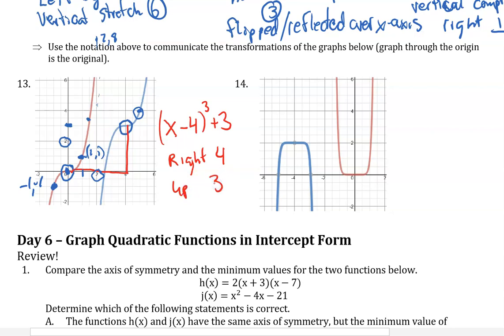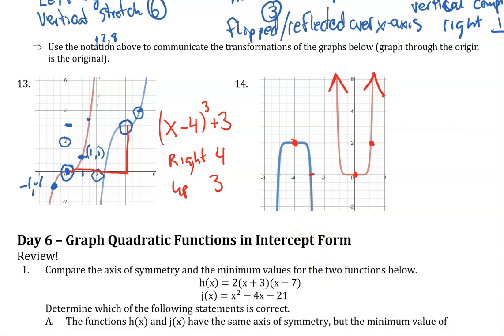Number 14, again, we're going from the red graph to the blue graph. We'll take a look at what happens over a course of 1. No change. Well, correction. It's flipped. So, red is upward.